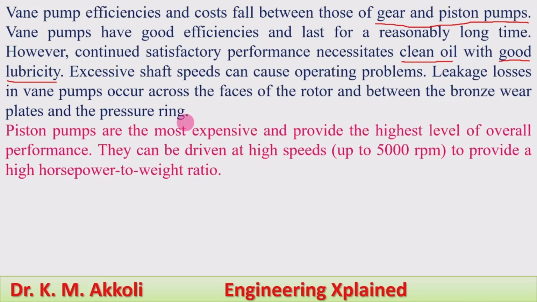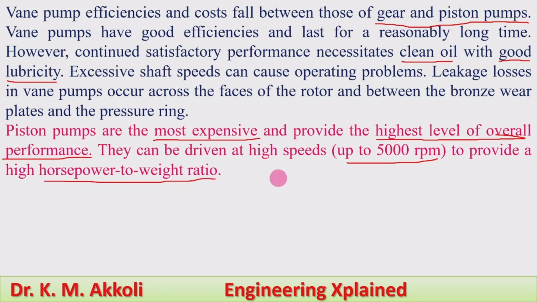Then moving to the piston pumps. Piston pumps are the most expensive and provide the highest level of overall performance in all parameters. They can be driven at high speeds up to 5000 rpm to provide a high horsepower to weight ratio.